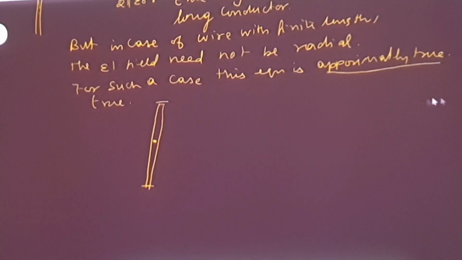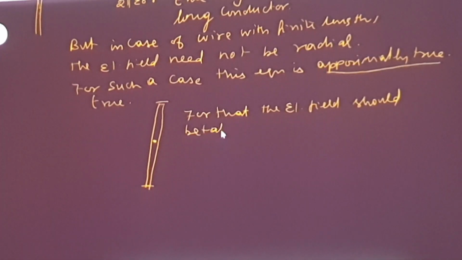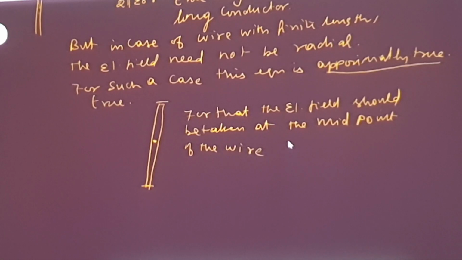For such a wire, since it is approximately true, the electrical field should be taken at the midpoint of the wire, and the point you have considered at the mid position should be far away from the ends or edges.